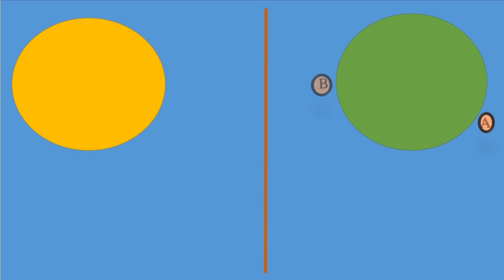If I join A and B in the first circle, this is a chord.